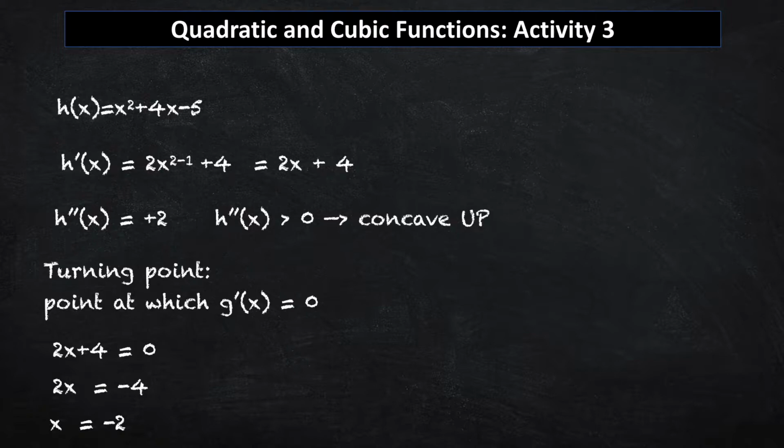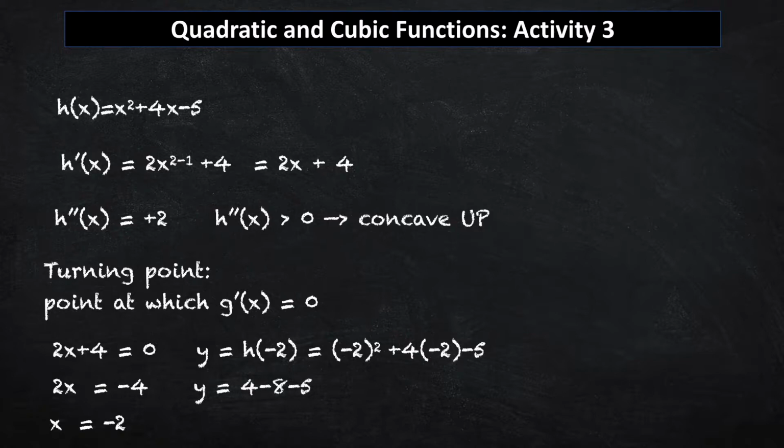Now we compute the corresponding value of y, which is the function computed when x is equal to minus 2, and it becomes minus 2 to the power of 2 plus 4 that multiplies minus 2 minus 5. This is equal to 4 minus 8 minus 5, which is y equal to minus 9. So the turning point is the point (minus 2, minus 9).